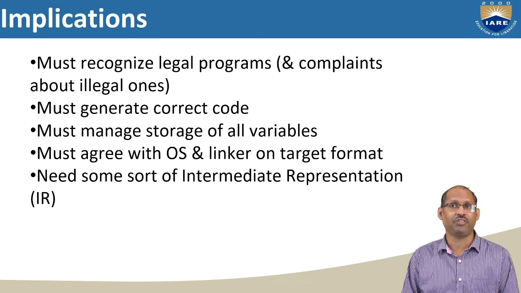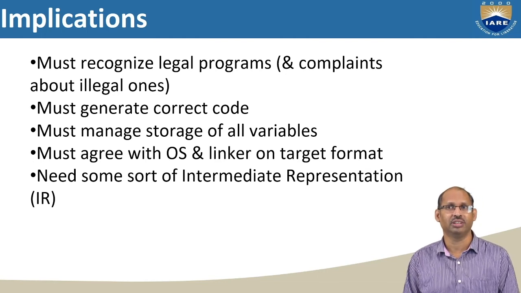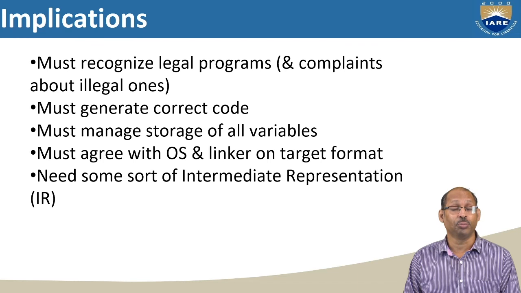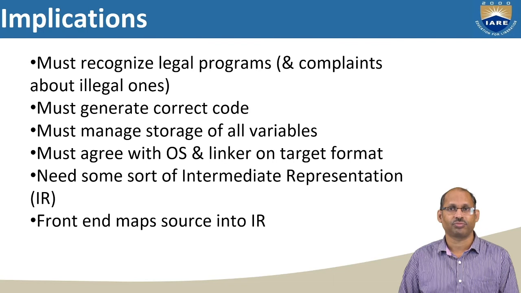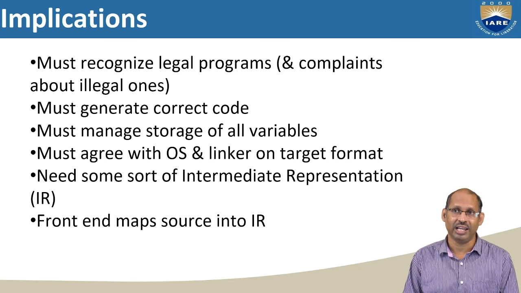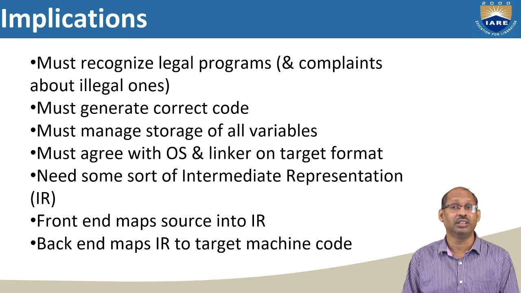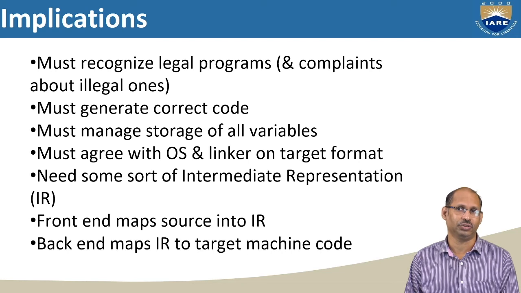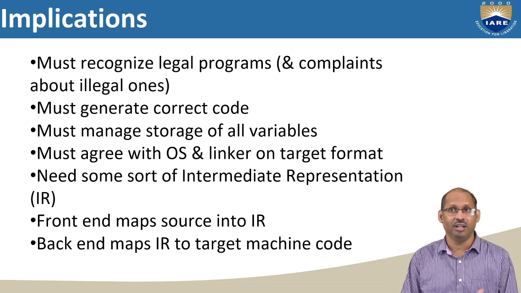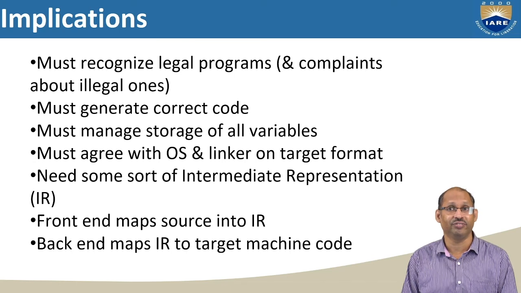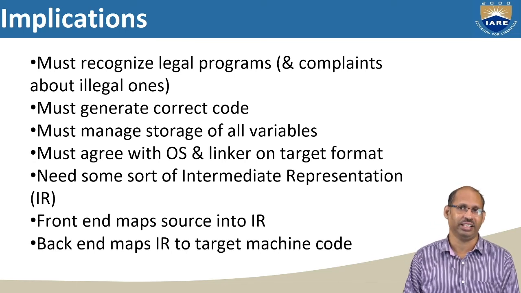Here, we may require some intermediate representations also to improve the object code and make it more efficient. Here, the front end maps the source program to an intermediate representation, and the back end maps the intermediate representation to target machine code. The complete compilation process is divided into front end and back end.